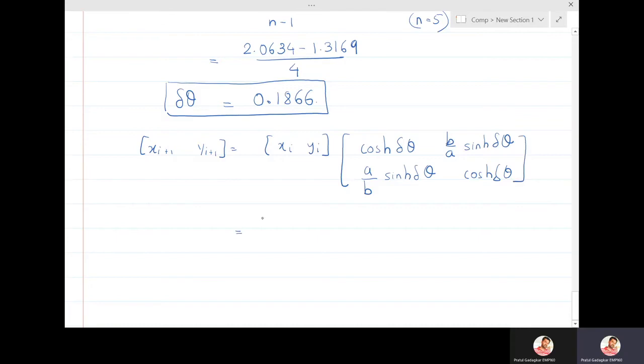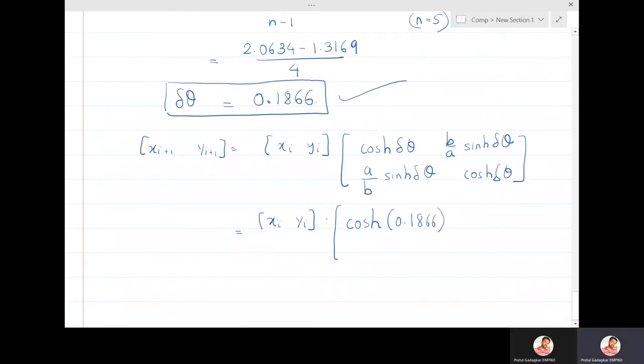We have the values now with us: xi, yi, and delta theta is 0.1866.